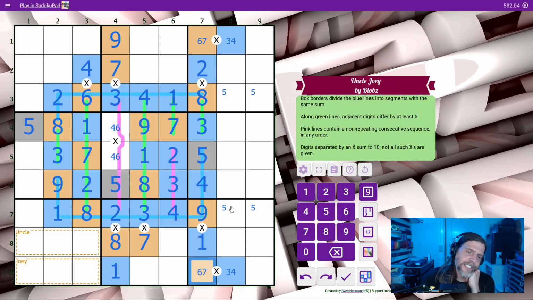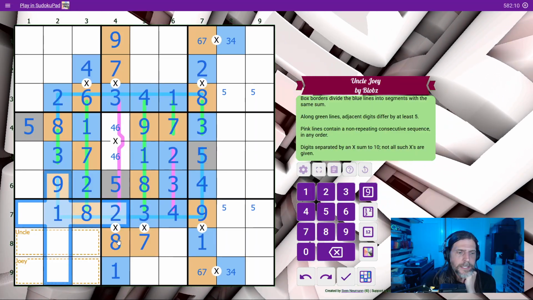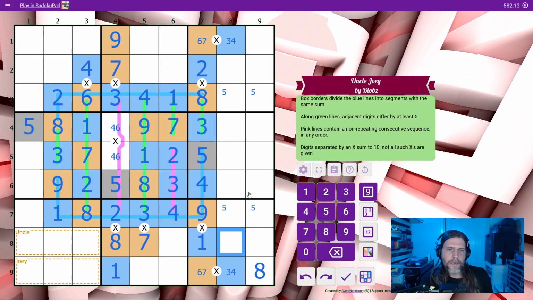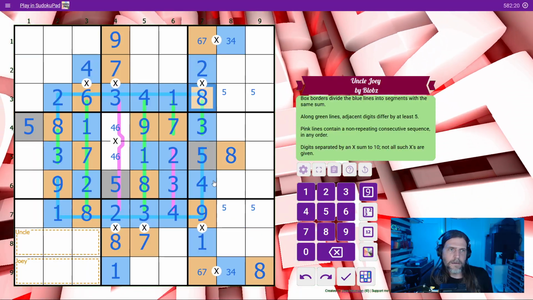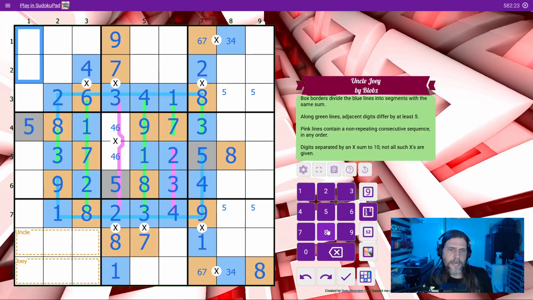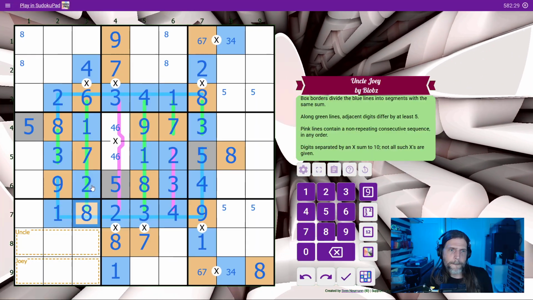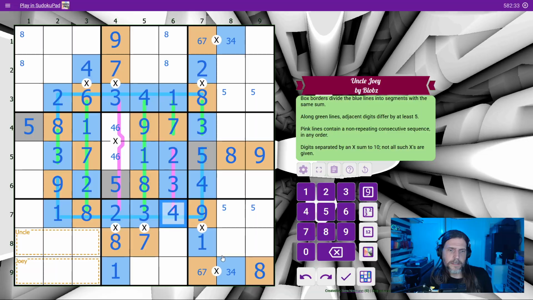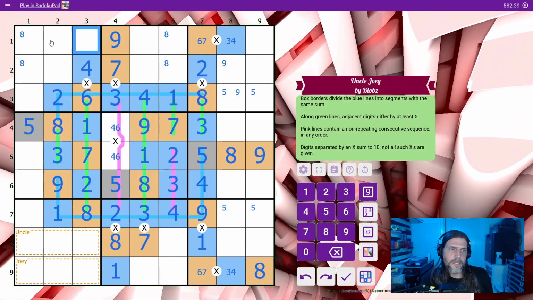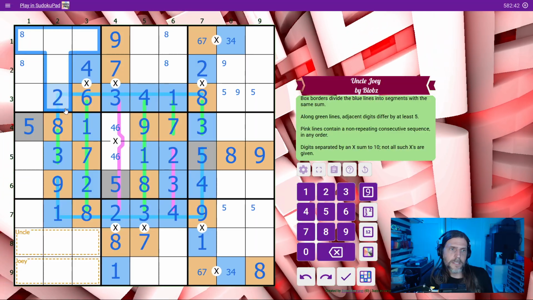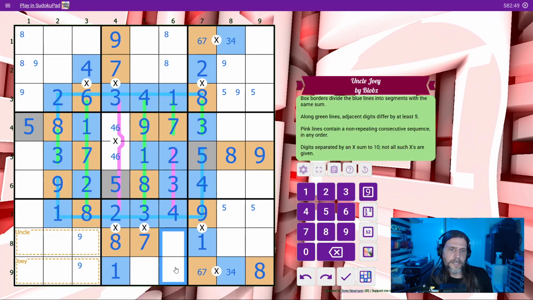Well, we know there's a 5 here because it couldn't be 6, 7, but we knew that anyway. 9, 8. 8 must end up down here. 8 is there. 9 is placed. 9 is here, here, here. 9 is here.